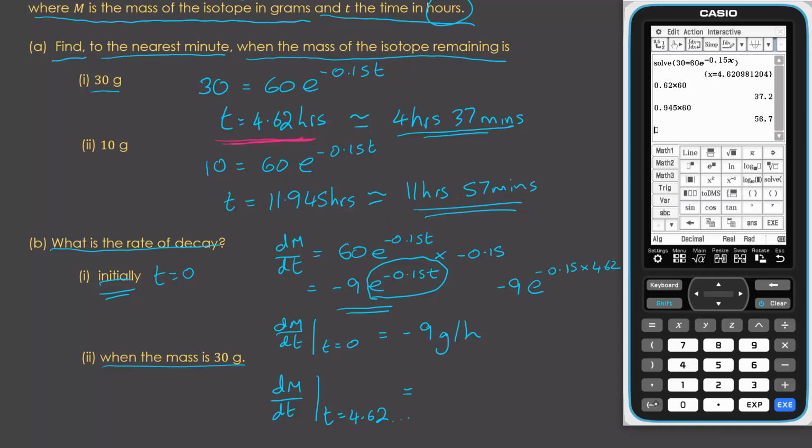So let's just calculate that. So I've got negative 9 times e to the negative 0.15 times this answer just here.